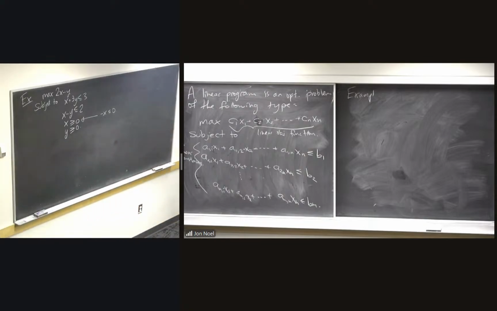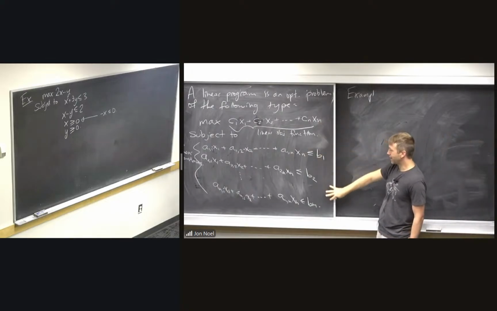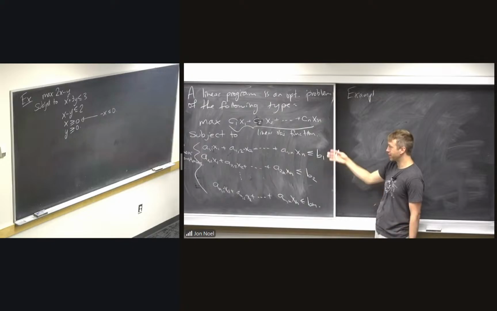So obviously it's going to be way too cumbersome to keep writing. Like if I want to talk about a general linear program, I don't want to write all of this stuff.